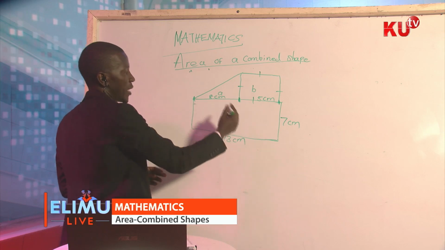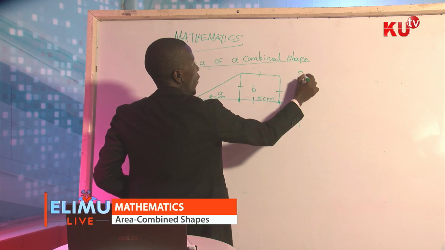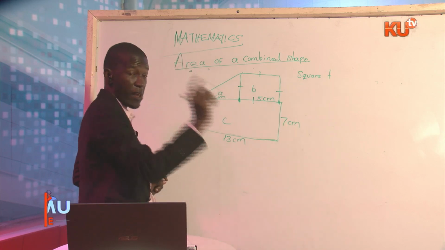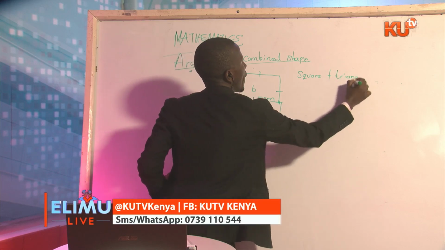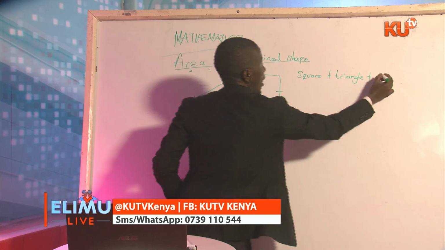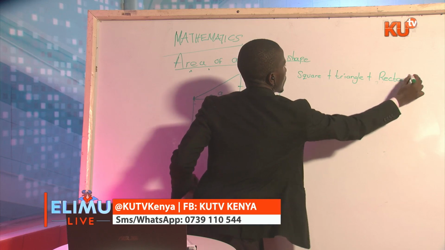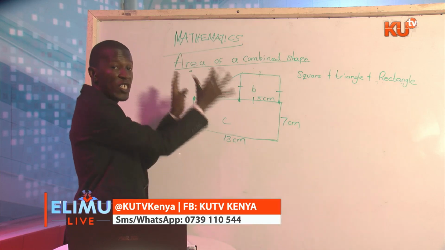So in order to find this area, we're going to find the area of the square plus the area of the triangle plus the area of the rectangle in order to find the area of this combined shape.